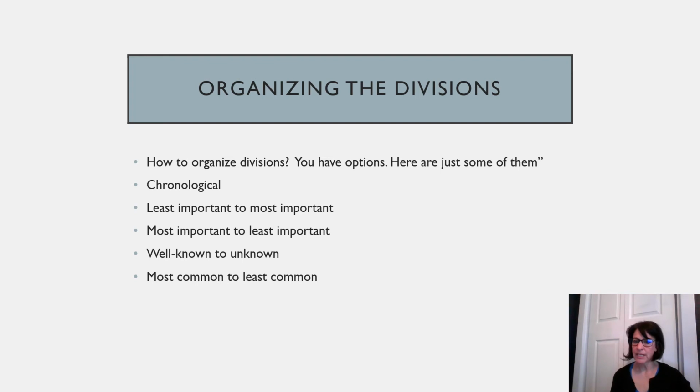And so in that case, it's arranged chronologically. Same thing when you think about that restaurant menu. Normally it begins with appetizers, and at the back of the menu, we normally get the desserts. So it's arranged chronologically in the order that we would most often eat these foods. Okay, so when you are organizing your divisions, you want to think to yourself logically, how is it best to organize this material?